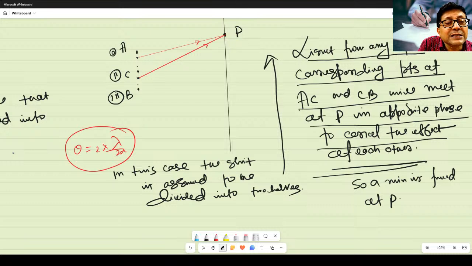A distance x below A, a distance x below C, they are also corresponding points. There also a phase difference of pi exists. That's why when they meet at the point P, they cancel the effect of each other and a minima will be formed over there. Am I clear? So this is very interesting.